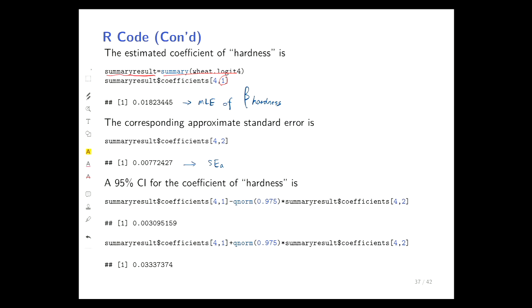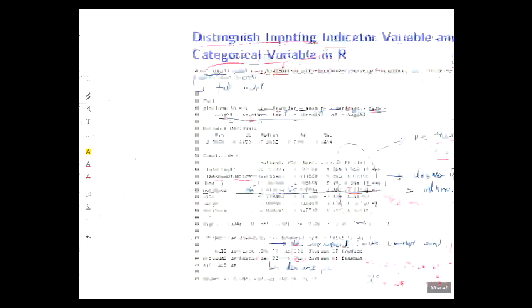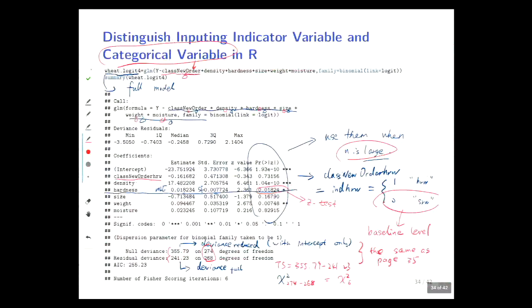So what's the first column? You need to look at this table. This is the first column, right? And the MLE of hardness is at the fourth row. If you count 1, 2, 3, 4, and also the first column, this is exactly the maximum likelihood estimation. The standard error is still at the fourth row, 1, 2, 3, 4, and also the second column.